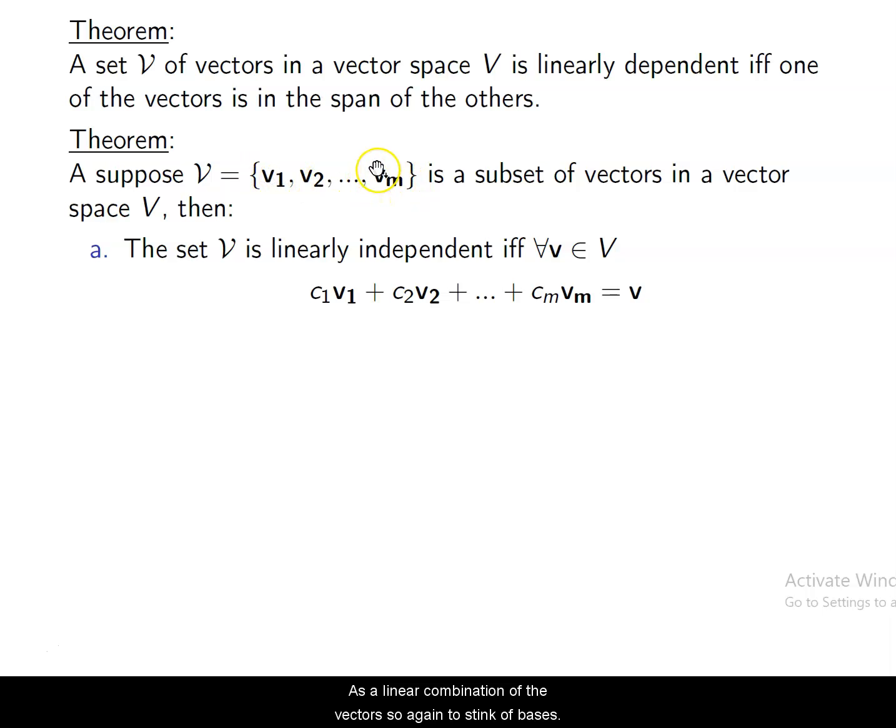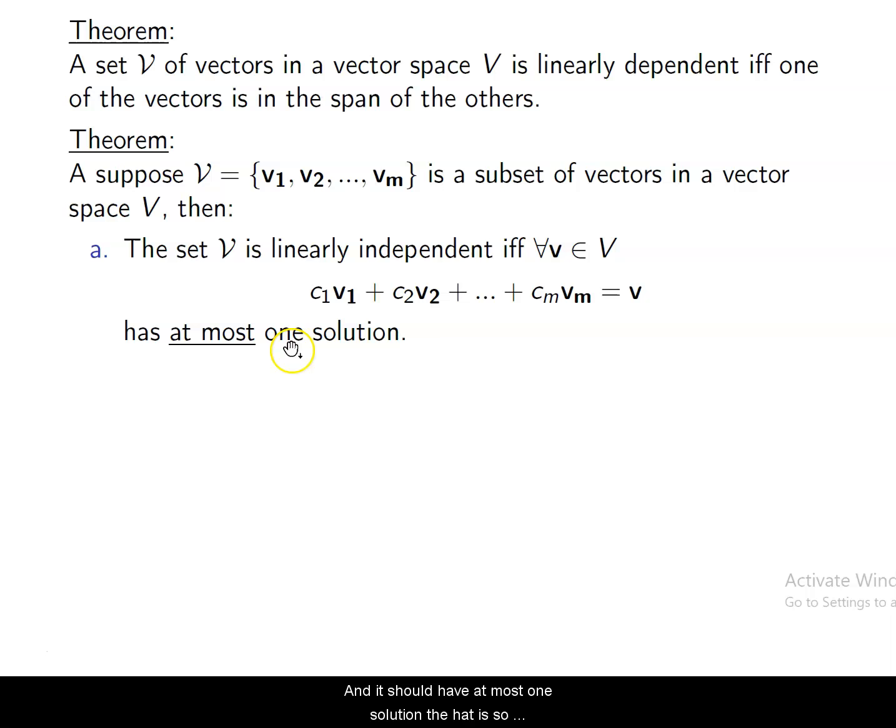So again, just think of basis. When you have a basis, you can create a new vector by writing it as a linear combination of those basis vectors. It's really the same thing. Any vector in my vector space should be able to be written as a linear combination of my subset here. If that's true, then this set is linearly independent.